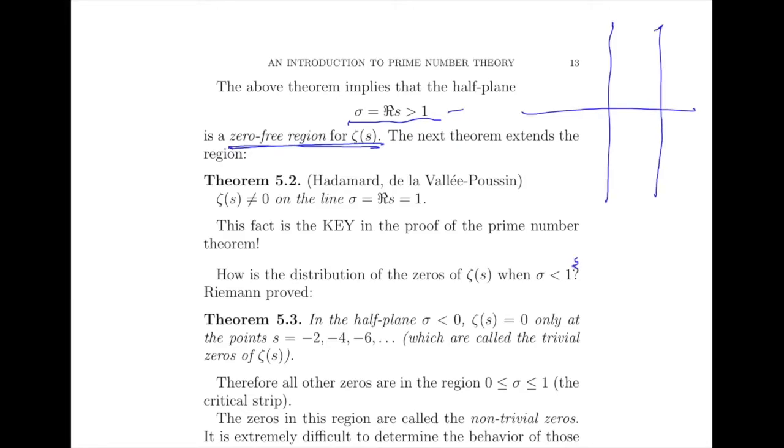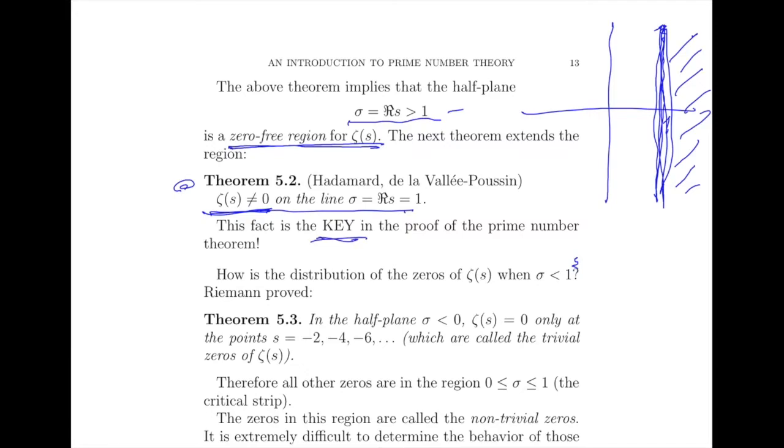Here is 1. We proved the zero-free region where the real part is larger than 1, but this theorem shows that the line where the real part is equal to 1 is also a zero-free region. I don't want to show the proof of this fact here, but this is a key fact in the proof of the prime number theorem.